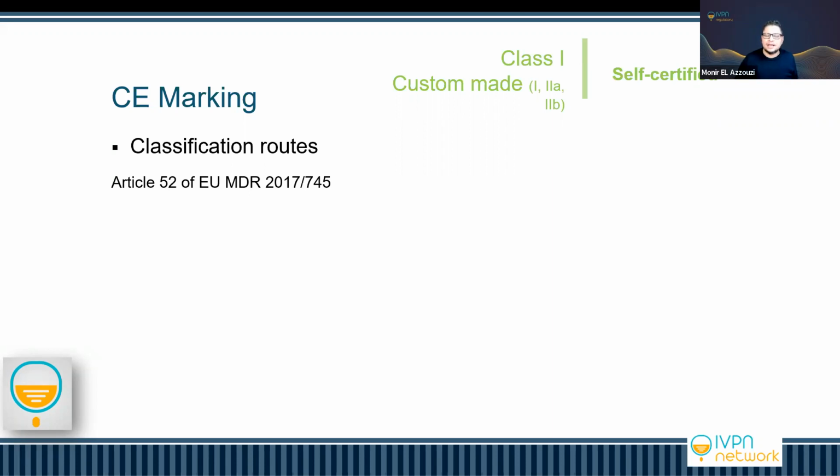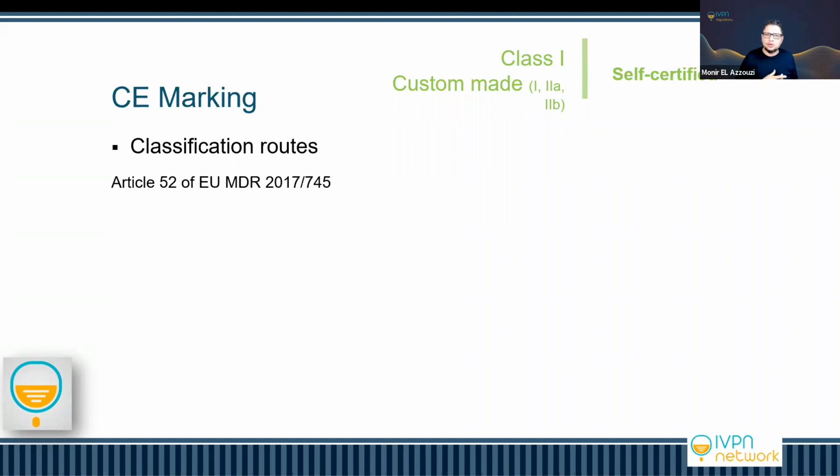Self-certified, as we said before, means there is no notified body, but the authorities can still review your documentation. Self-certified means that normally you are doing the job by yourself.